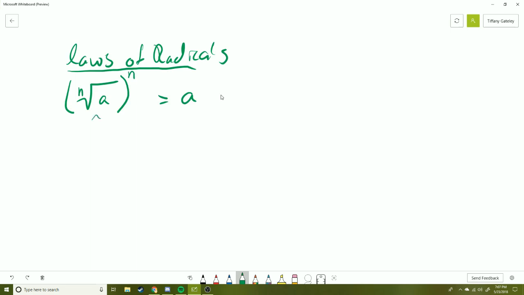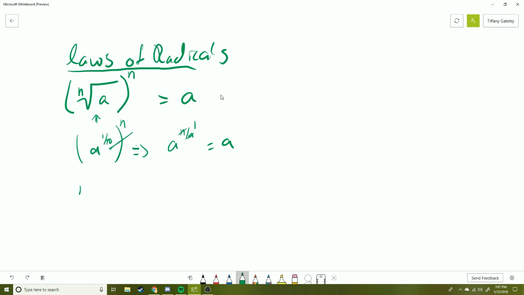Because if we rewrite this, it would be a to the 1 over n power, and we would multiply the exponents together because of the law of exponents, and that's a to the n over n, and your n's cancel, which gives you 1, and a to the 1 is a, and that's why that works.